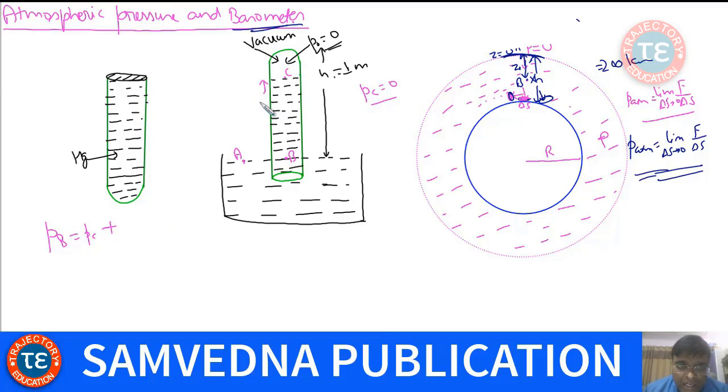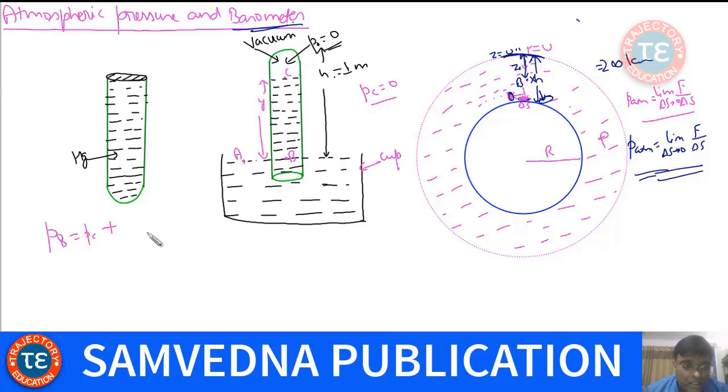suppose this height is Y. Y is the height of mercury above the upper surface of the mercury in the cup. This is the cup.